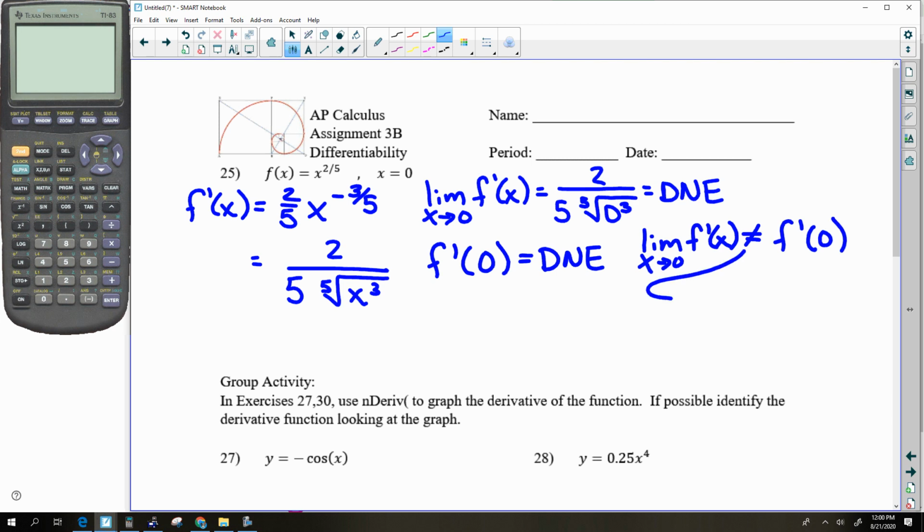The do not exists aren't equal to anything, so they can't be equal even to themselves. So they're not equal to each other.